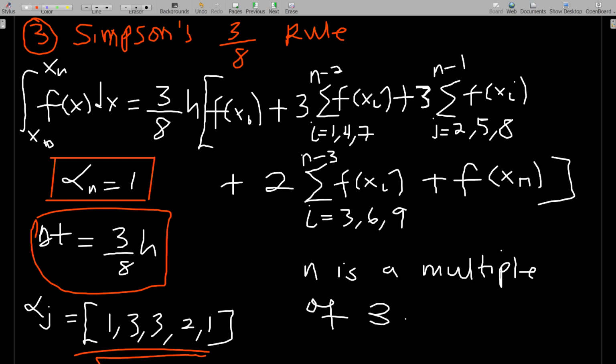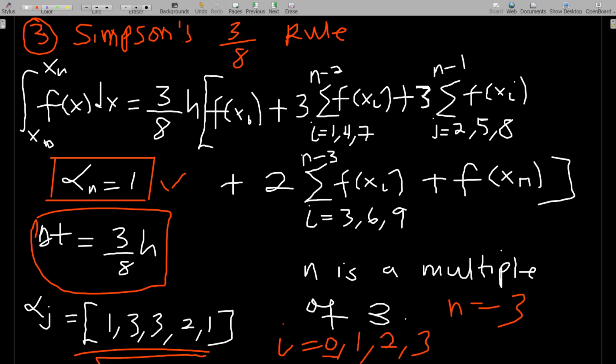And this shows that for all the various rules in numerical integration, alpha n is 1 and alpha naught is also 1. So if n is equal to, let's say, 3, a multiple of 3, then you start from i equals 0, 1, 2, and 3.